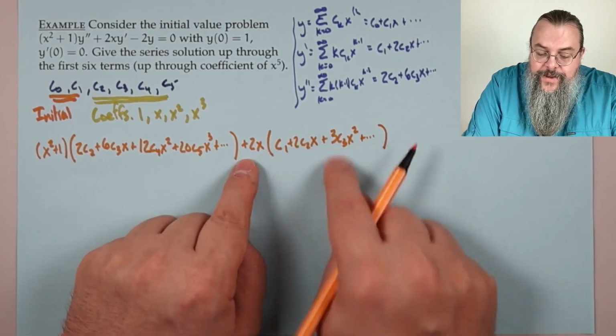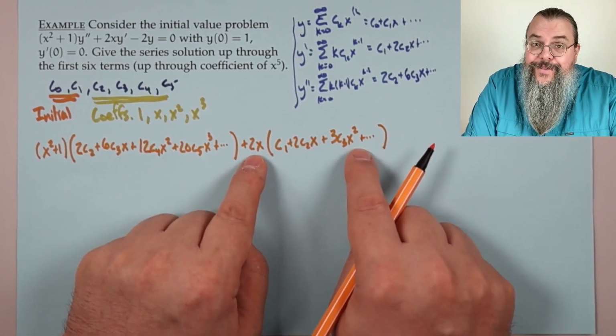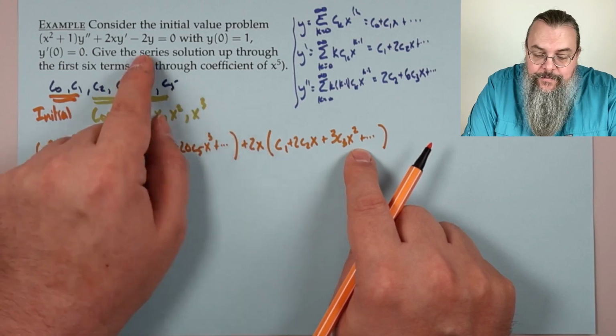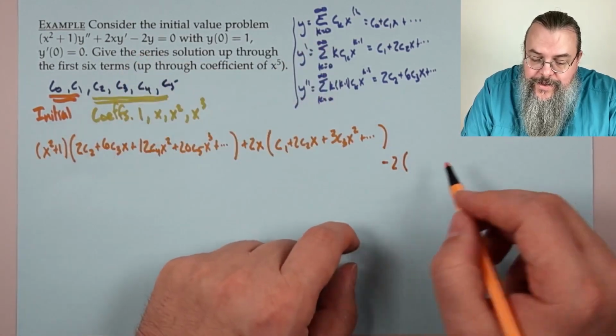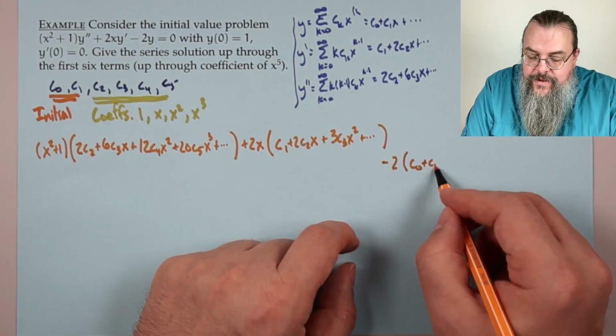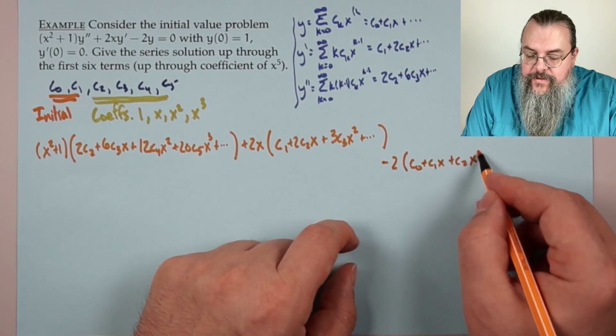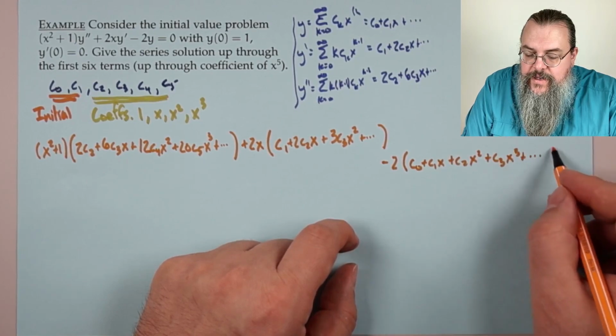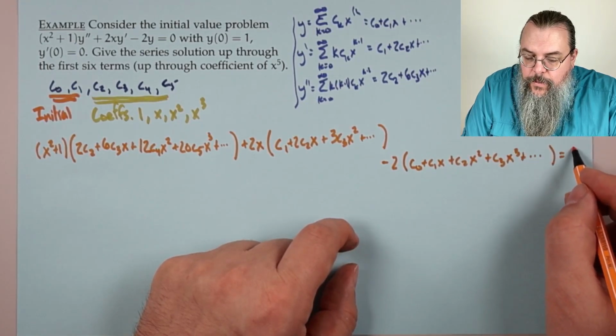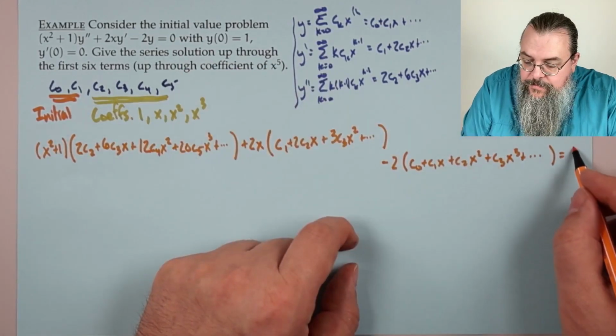Because we're multiplying by x, so we're already up to x cubed. Minus 2, and now times our y term, c0, c1x, c2x squared, c3x cubed, plus dot, dot, dot, equals 0.